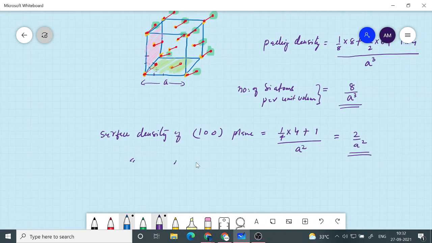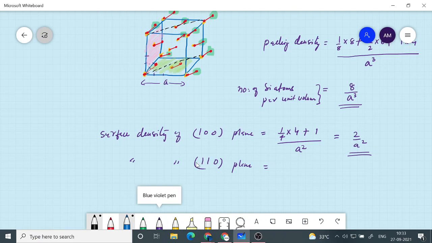Now the surface density of the 110 plane, if you evaluate, again these things are very difficult to visualize, so you have to visualize this particular plane, and what you will see is that there are 4 atoms which are going inside, out of which you will have some of these atoms coming on the surface, coming on this plane.